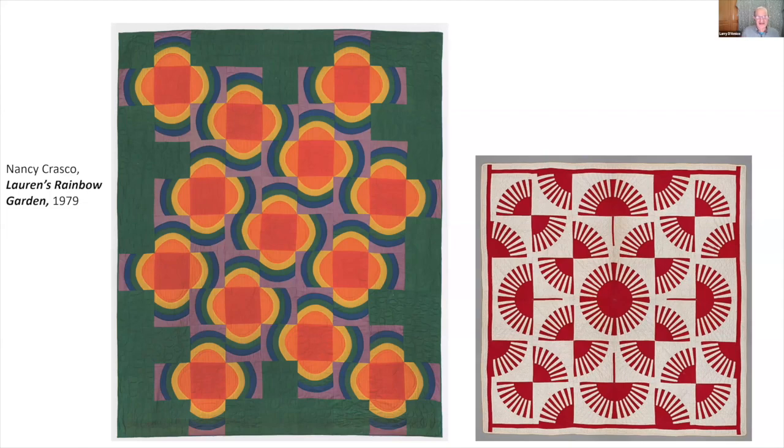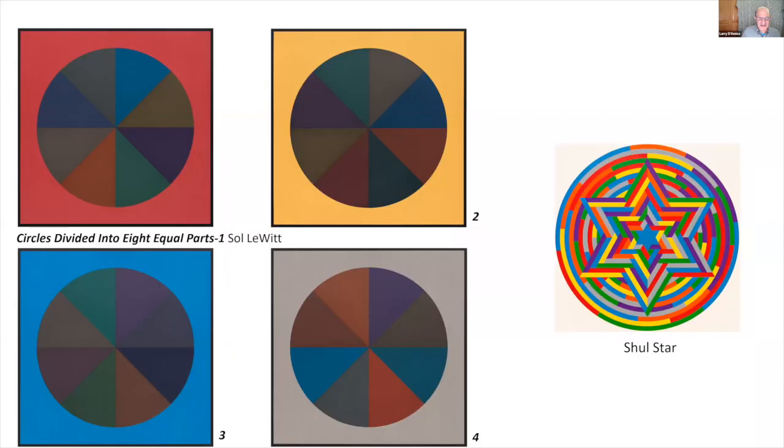Beautiful color. And just to remind you of a couple of weeks ago when we visited Solowit, I look at a lot of his work and see correlations to the patterns in quilting.